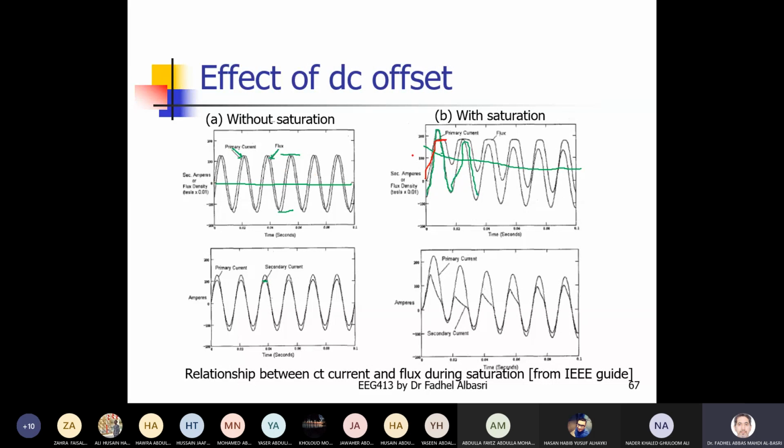Now the flux gets to its maximum and gets clipped. When it reaches the maximum, it clips, saturation. Because of this clipped flux, the current's shape becomes distorted like this. This is the secondary current, instead of sinusoidal. So that's due to saturation as a result of a DC.